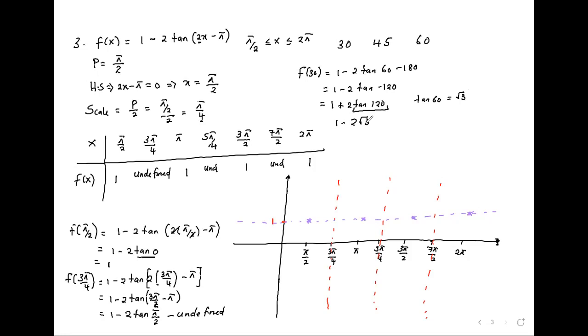Then let's get f of 60. That would be 1 minus 2 tan of 2 times 60, that is 120 minus 180, we get minus 60. Then take out the negative, so we have 1 plus 2 tan 60.